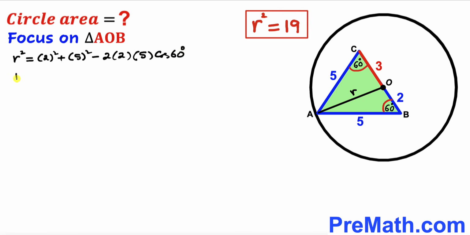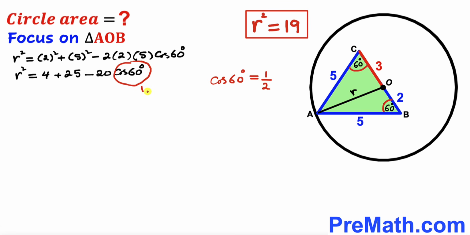Let's simplify. We get r squared equals 4 plus 25 minus 20 times cosine of 60 degrees. Cosine of 60 degrees once again equals 1 divided by 2, and 4 plus 25 gives us 29.